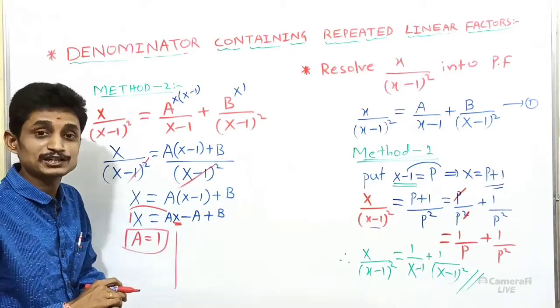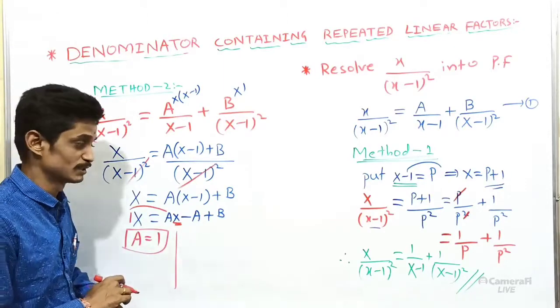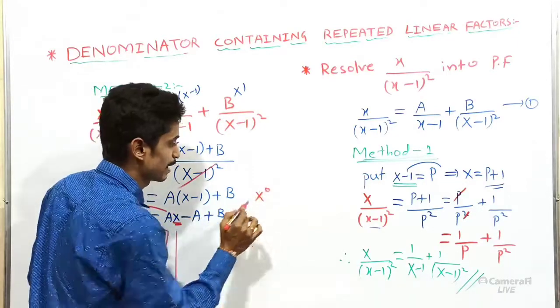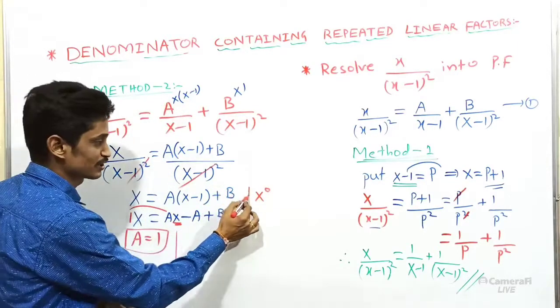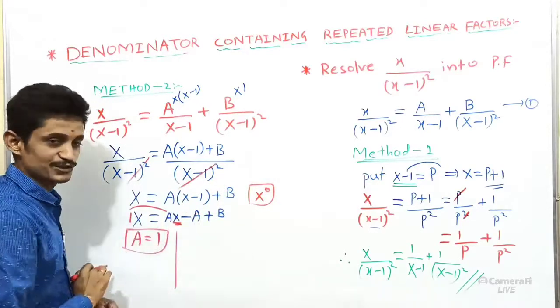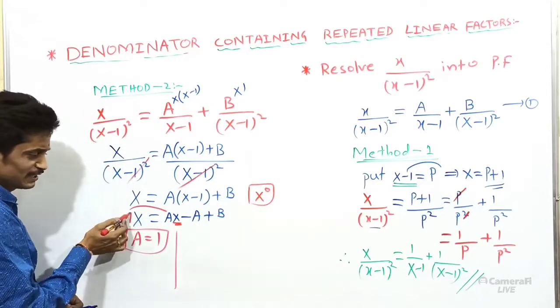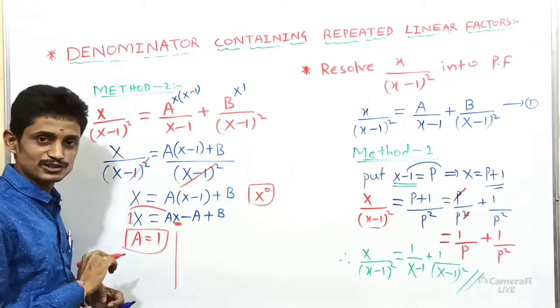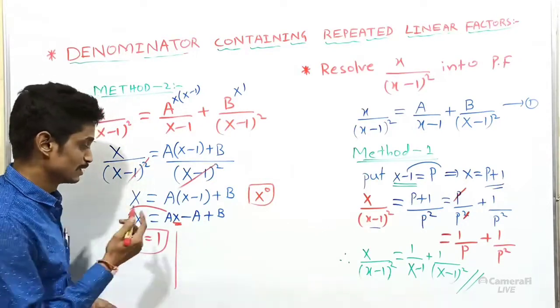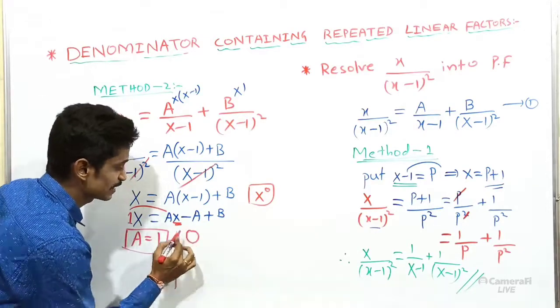Totally independent of x means there is no x term, that is, the power of x will be 0. Totally it is a constant term. On the LHS side you don't have any constant term, you have only a variable.